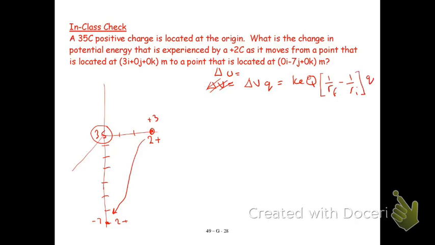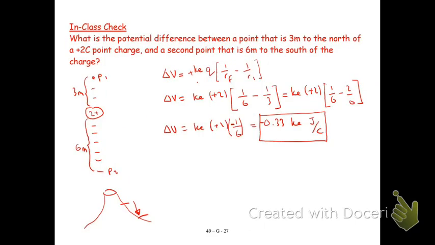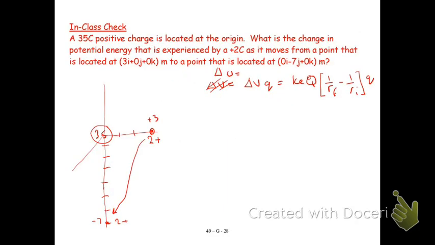Here I said little q, because it was the only q in town. But now I've got 2 charges to worry about, so I'm going to call this big Q and that little q. So I've got to be a bit careful about my q's.